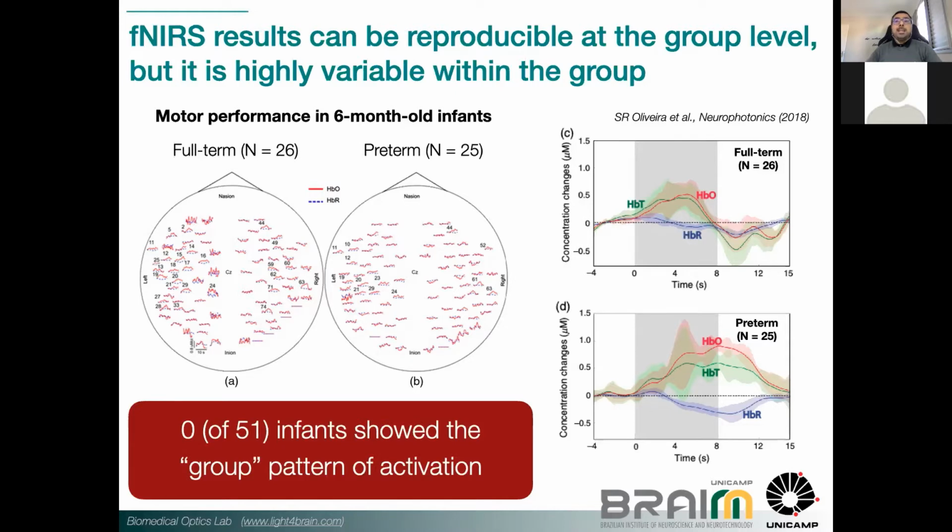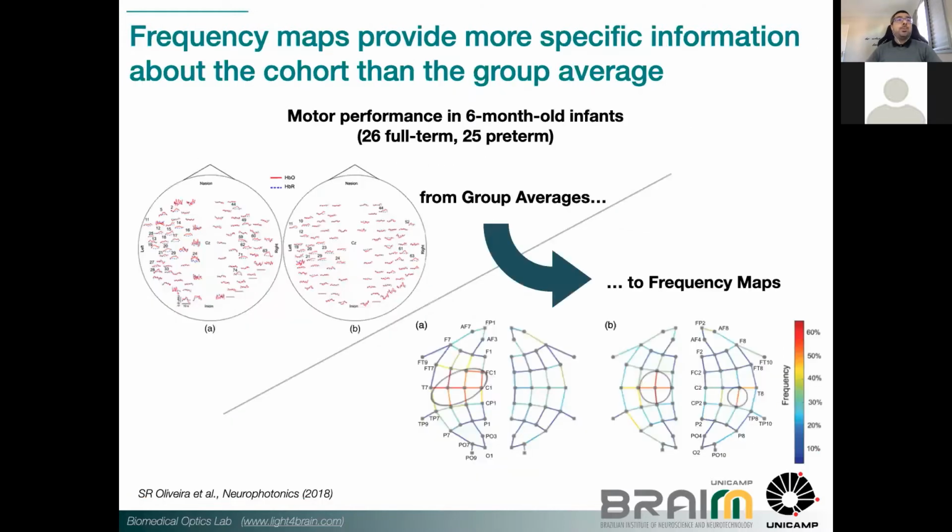For this reason, we actually stopped doing group averages, and we are starting to report frequency maps. The idea behind it is basically, I do believe that frequency maps are more informative than group averages, because they tell you, across the group, how many subjects actually have the same response, or have that channel, that source-detector, or that brain region activated, as brain maps, right?